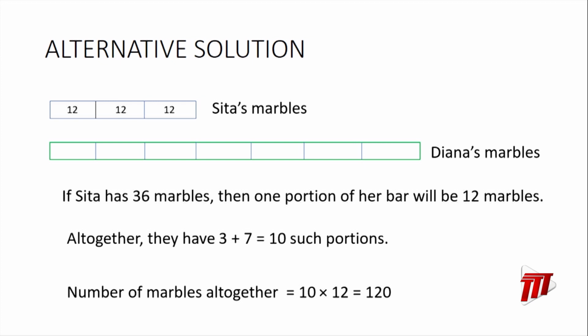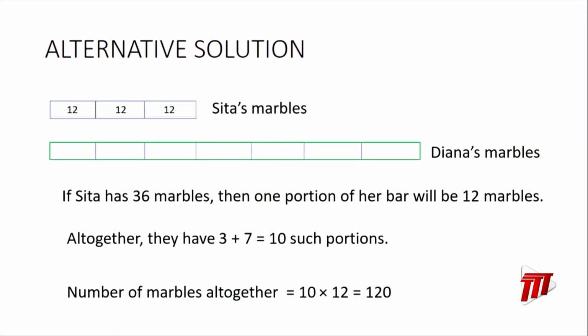You could have used that as well to work out, instead of going to this step, you could have worked out how many marbles Diana had right away, and you would have gotten 12, 12, 12, 12, 7 times, which would have given you the same 84, and you add it to your 36 to get that. But I'm showing you this way because in this way, you don't really have to work out Diana's marbles.